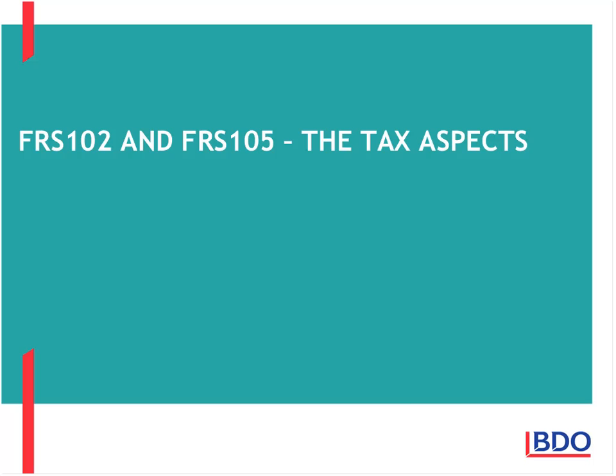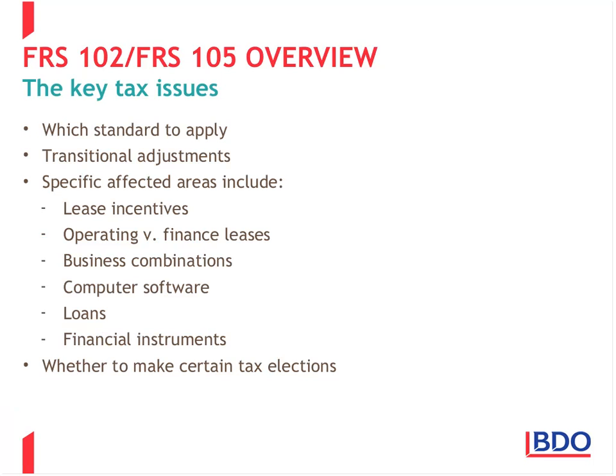So let's look at the tax aspect and some of the key areas that we as a firm have encountered over the last year, 18 months. The key issues that we've seen are: which standard should one apply, FRS 102 or FRS 105?